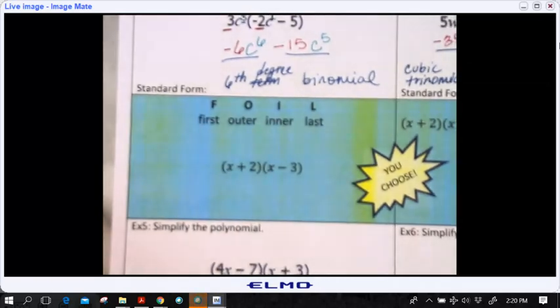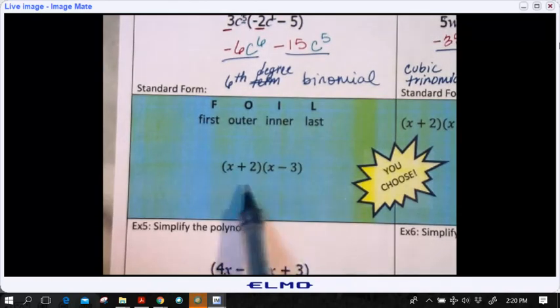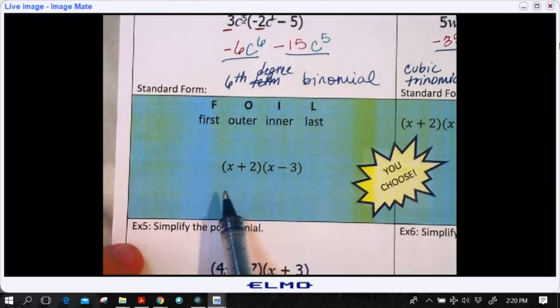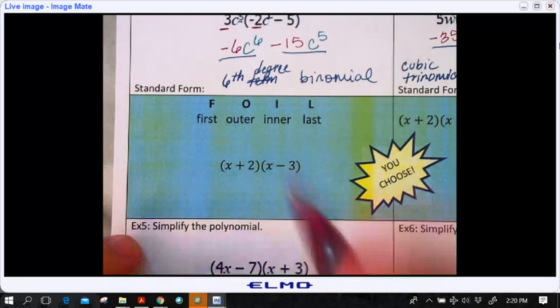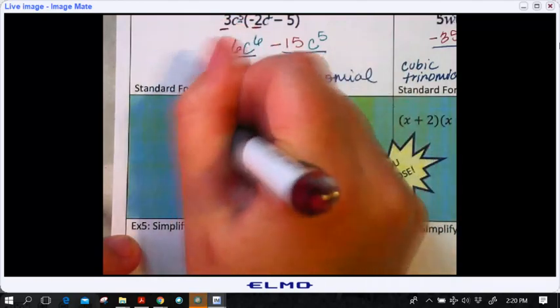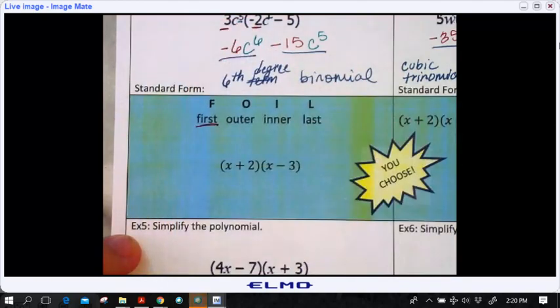So here's what the FOIL method says. It says that we are going to multiply these together and we are going to end up with 4 different unique terms, okay? Let me explain to you why this is simply just the distributive property. Okay, so I have my first term, which is my x.